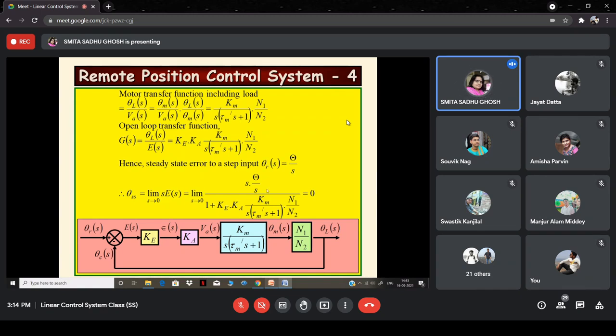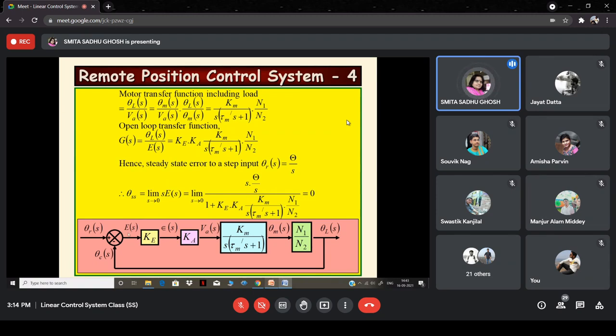I hope I've been able to convey that properly. I'll repeat. G(s) is the open loop transfer function, this whole thing is G(s), and you have 1 as the feedback path transfer function or feedback path gain.